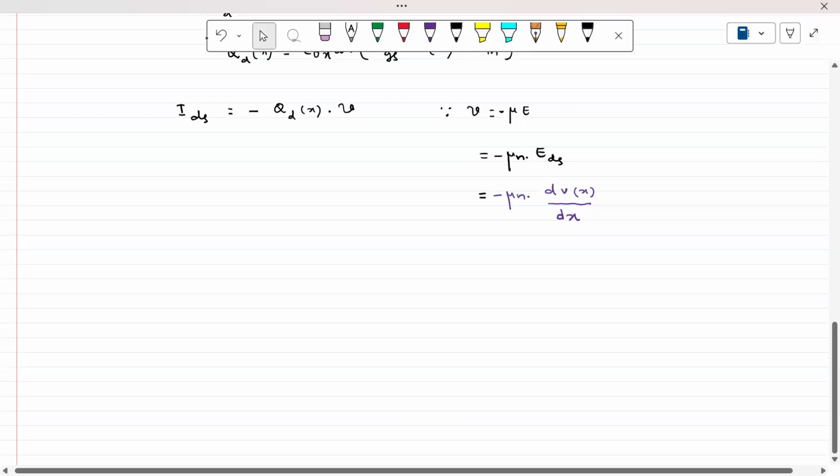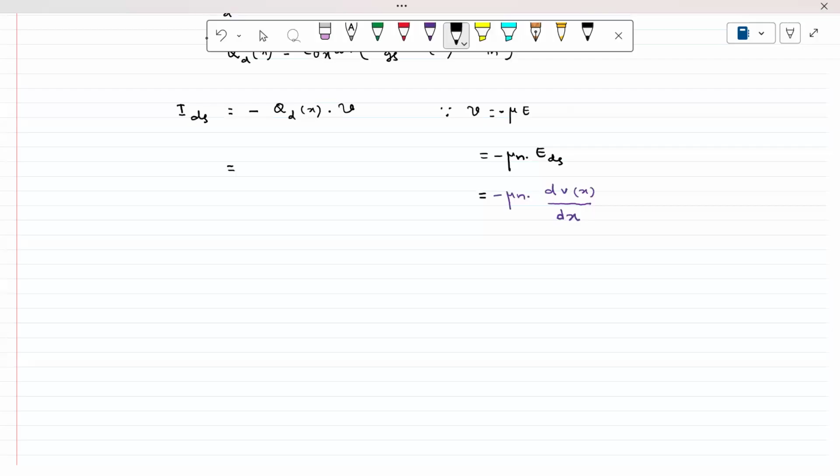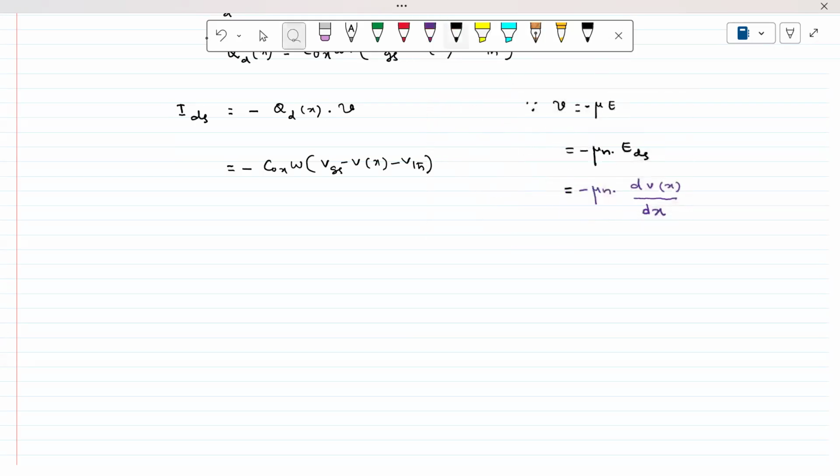Now let me write this. If we substitute these two things here, what do we get? What is the Q of QD? Cox W into VGS minus V of X minus VTH, into minus mu n dV of X divided by dx.